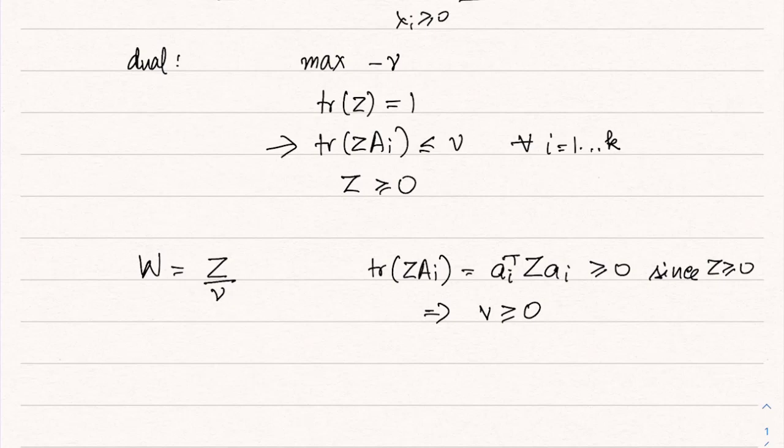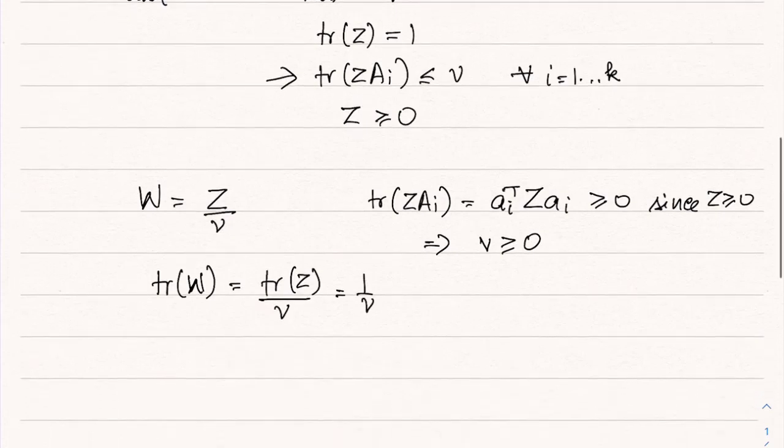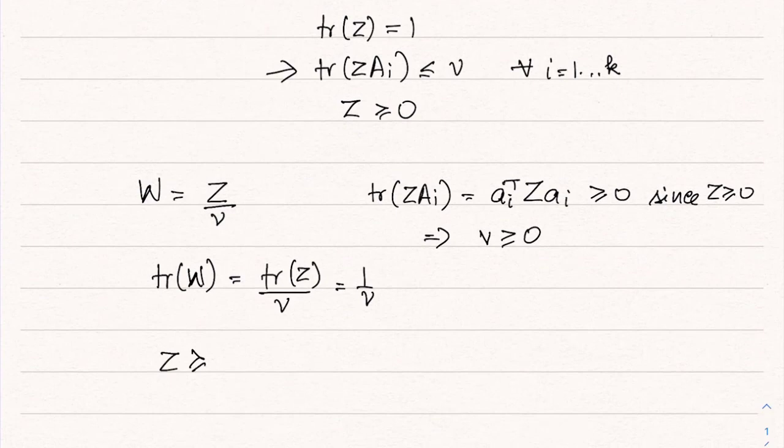If we substitute W equal to Z by nu, then trace of W is equal to trace of Z by nu, which is equal to 1 by nu, and the constraint Z is greater than or equal to 0 translates to W is greater than or equal to 0, because nu is always non-negative.